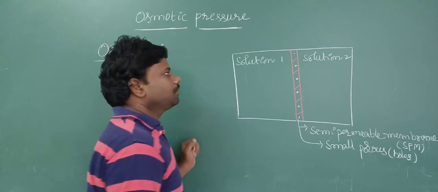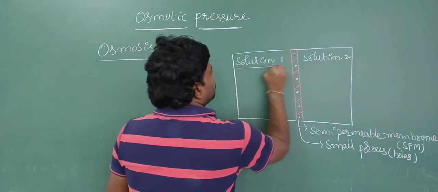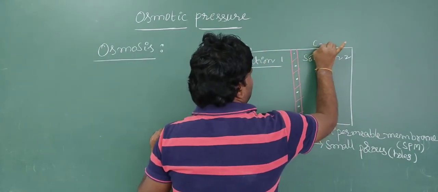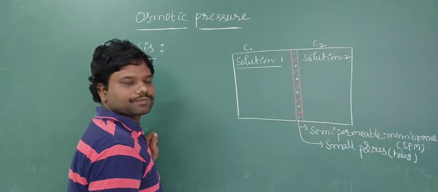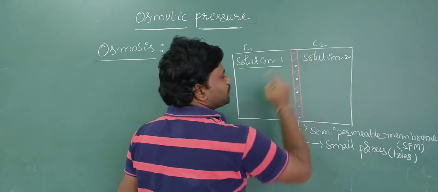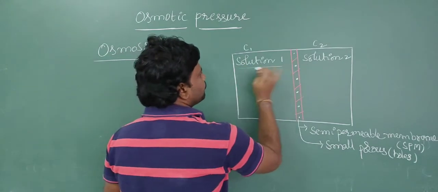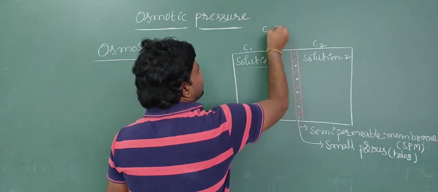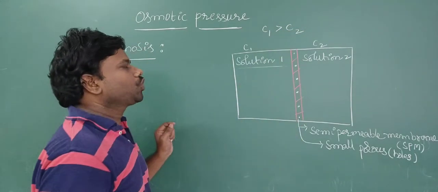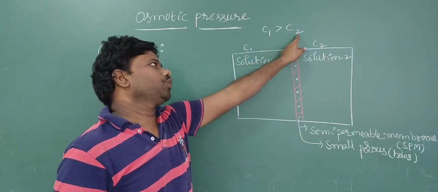Now, this is solution 1, its concentration is C1, and solution 2 concentration is C2. C1 is greater than C2. That means solution 1 concentration is more than that of solution 2.